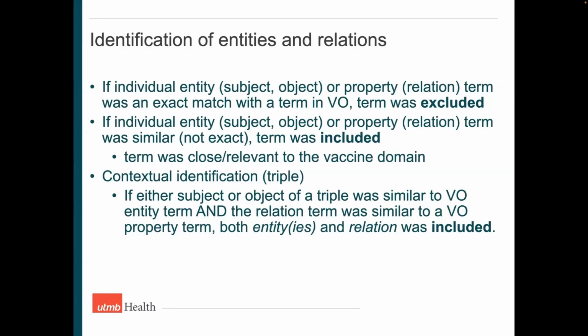For example, if we had an extracted triple of subject, predicate, object, and one of the entities, either the subject or object, is 0.60 or above, and the relation is also 0.60 or above, we recorded both the entity and the relation. So for the 20 abstracts, we analyzed 3,427 sets of triples, which is an aggregated extraction result from all three of the methods that we looked at.